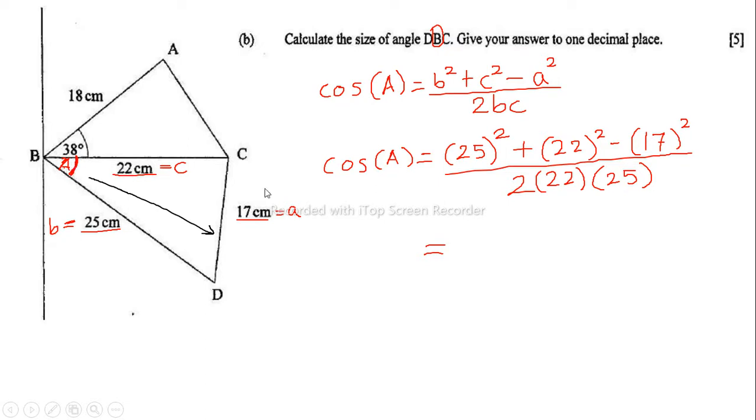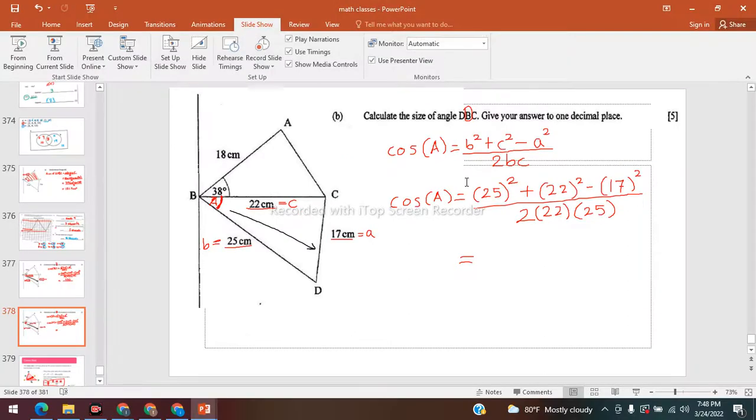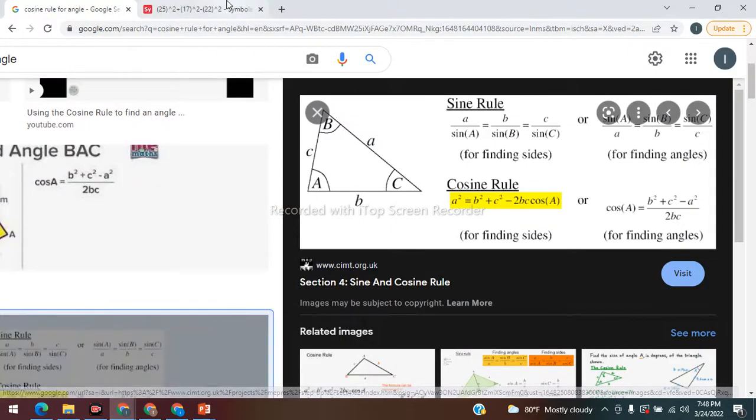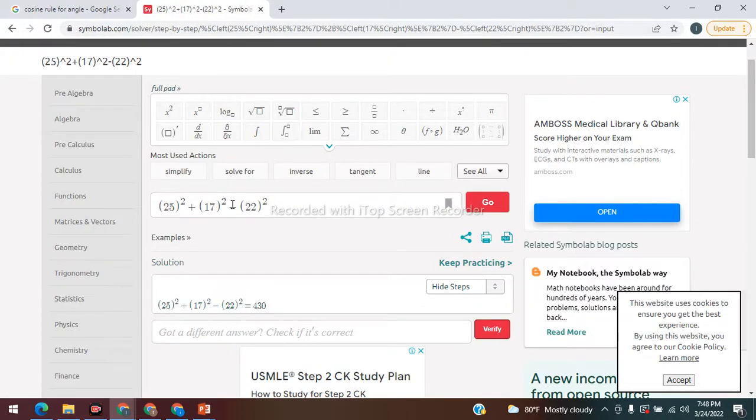So let's evaluate it. 25 squared plus 22 squared minus 17 squared. So we had it wrong: 17 is supposed to be here and 22 is supposed to be down.